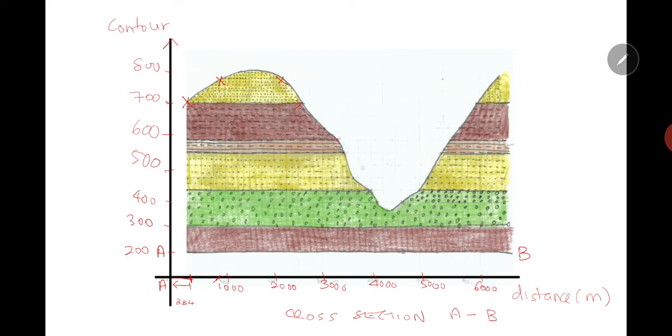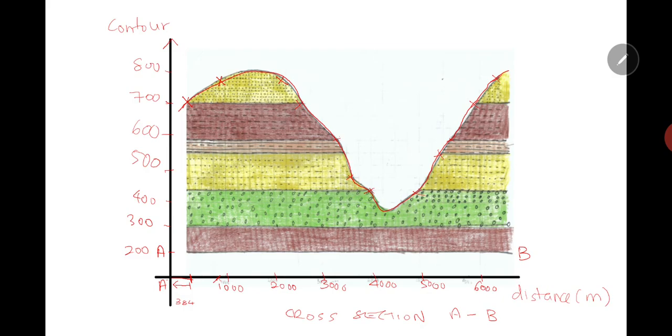You will have several markers, and these markers are important for you to draw the cross section. When you have all those markers, join all the markers, and then you will get this cross section from A to B. And then you refer to your map.